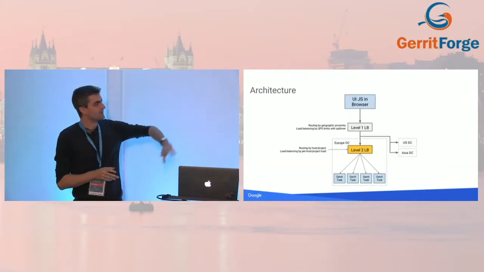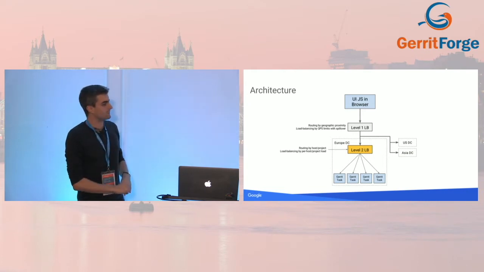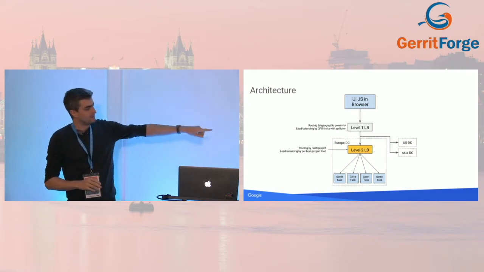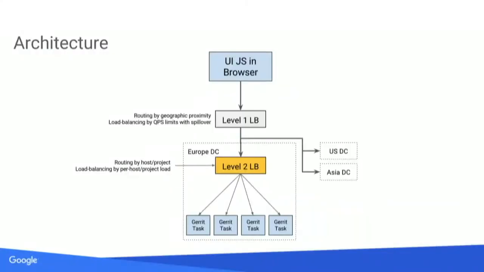Okay, so in the stack at Google, you saw two load balancing levels, and we're going to that now. What you see down there in this picture is the Gerrit task, which contains all of the stack that we had expanded in the previous slide. Let's start top down. We have a user that uses JSON in the browser because they're on PolyGerrit.